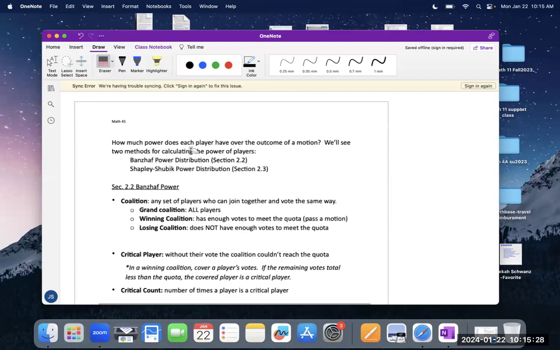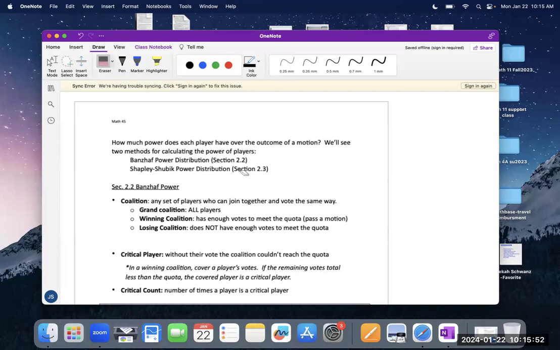How much power does each player have over the outcome of a motion? We kind of saw back there that when somebody has veto power, that gives them more power than other people. And we'll see 2 methods for calculating the power of players.